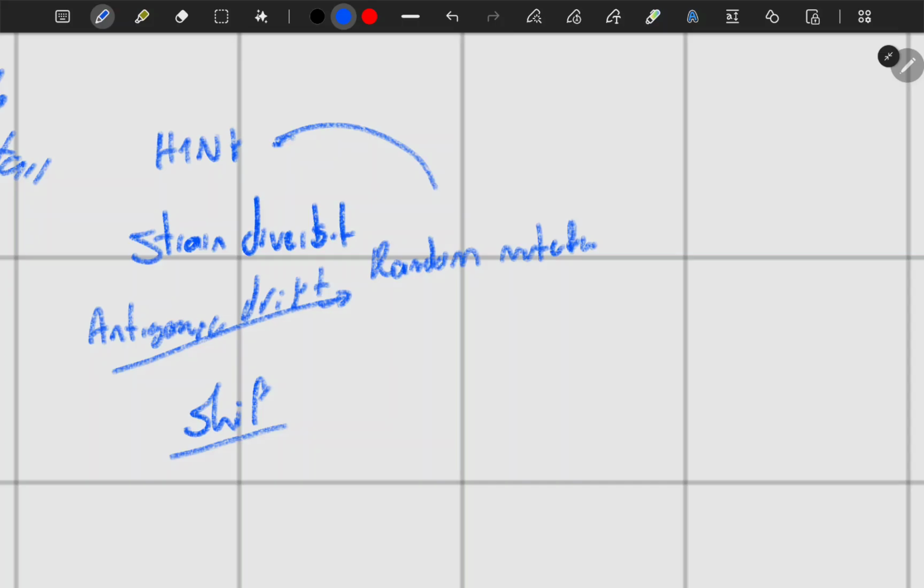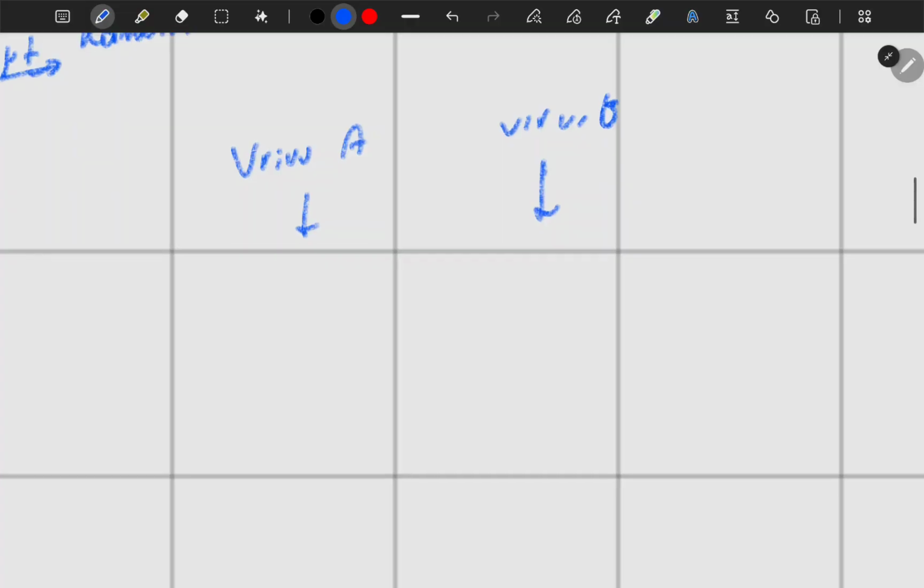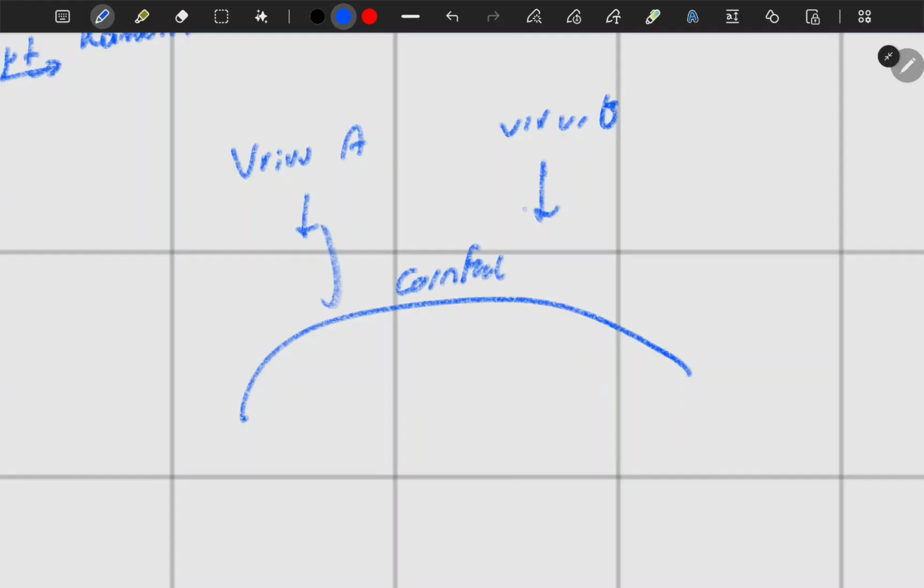So antigenic shift occurs when occasionally two viral strains, let's write here virus A and virus B, two types of influenza virus, co-infect the same cell, and then we have a reassortment.